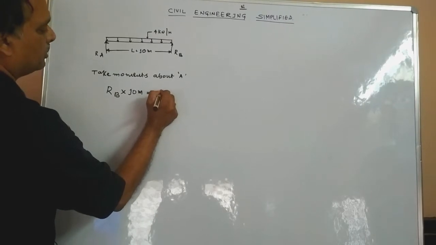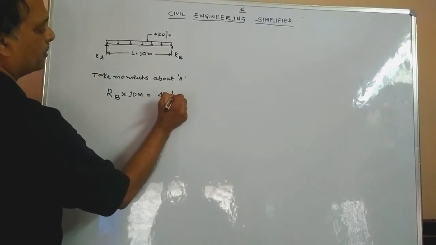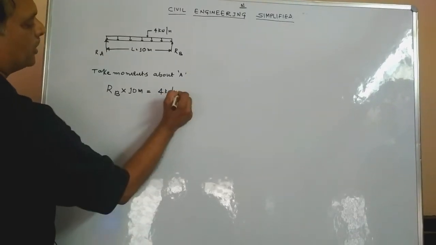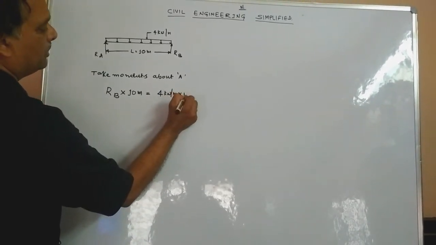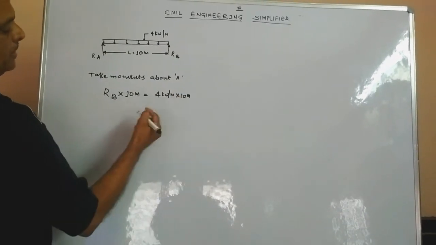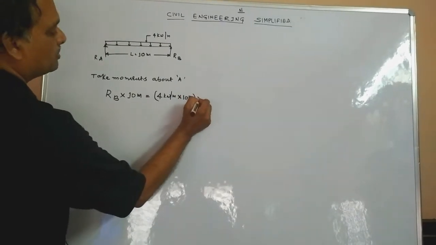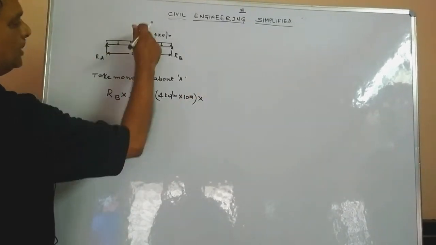4 kN per meter is the intensity. This is per meter, and the total load for 10 meters would be 10. We are taking the moment about point A. This is the total load, multiplied by the perpendicular distance.